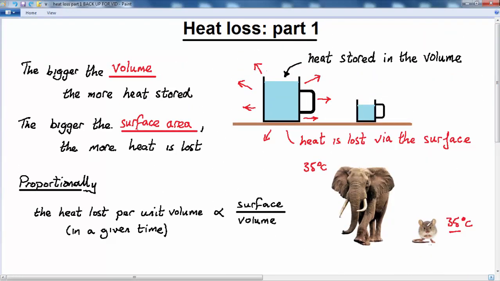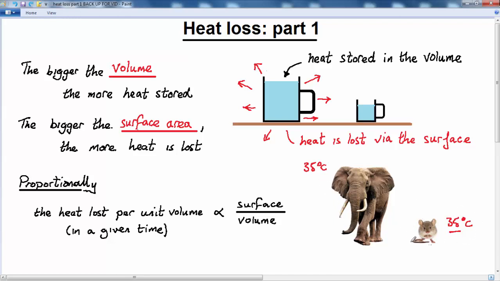As a result, the field mouse will lose heat at a greater rate than the elephant. In order to maintain its body at this temperature, both animals have got to eat food. They digest the food. Glucose is transported to their cells where it's burnt in oxygen, and that generates heat, and that helps to keep their body at that temperature.